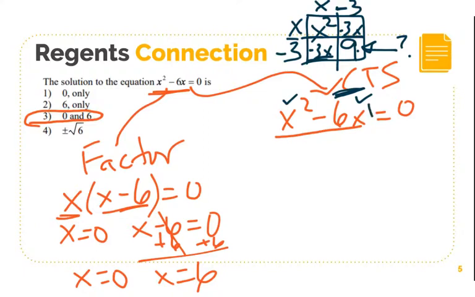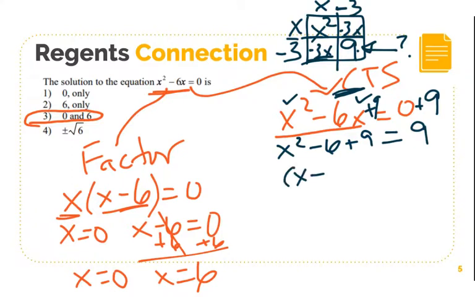So I'm going to add 9 to this side, and I'm going to add 9 to my other side. So I've got a perfect square trinomial here. And 0 plus 9 is 9. All right, so I'm going to rewrite this as x minus 3, right, times itself. So I can write that as x minus 3 squared equals 9.